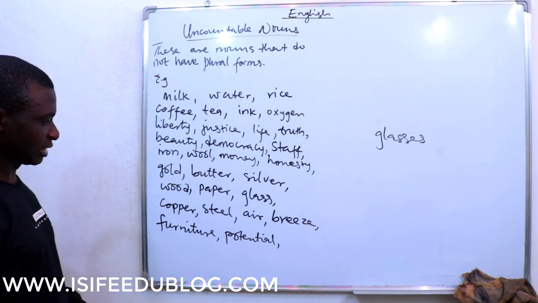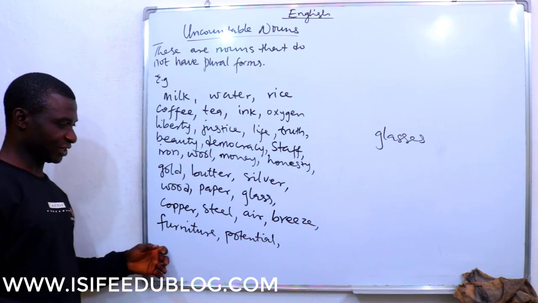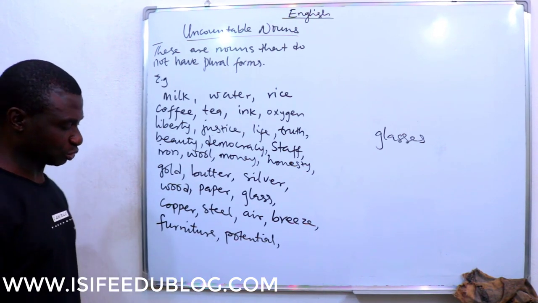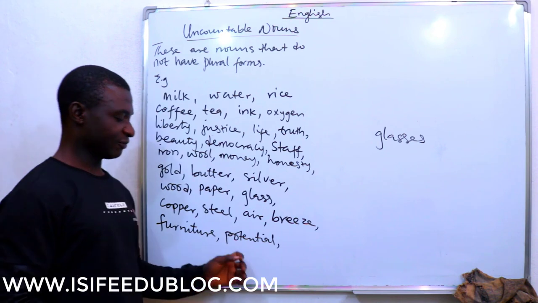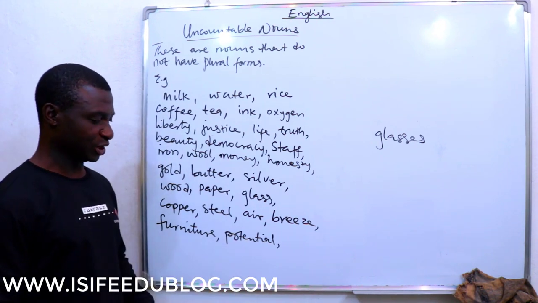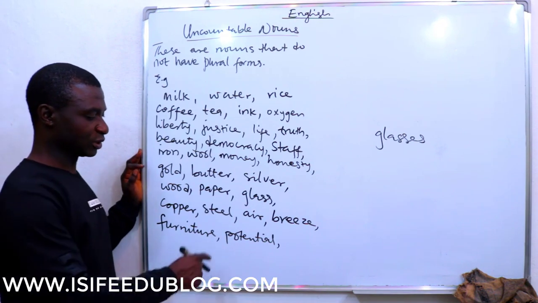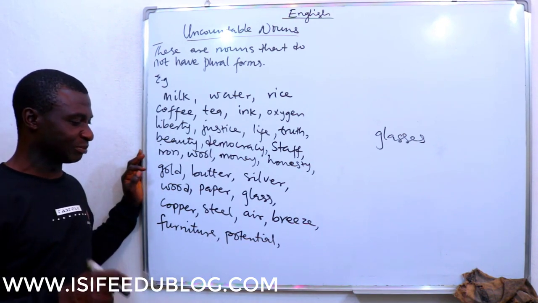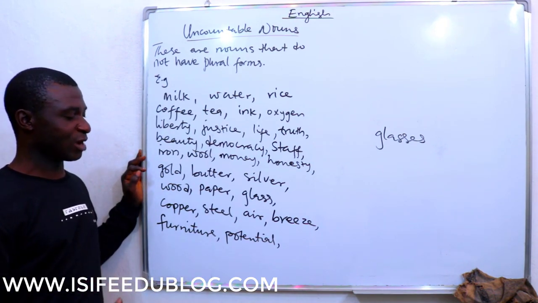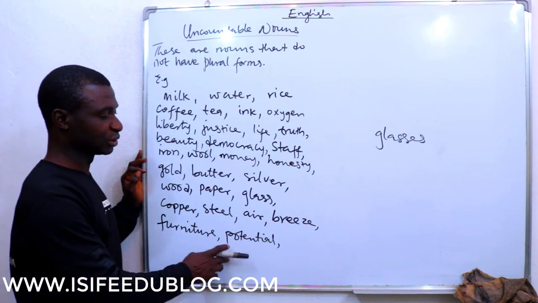Copper, steel, air, breeze, furniture, and potential. Please, I've heard so many people say potentials. It's not correct. When potential means one's ability, the inner strength that one has, it is potential.